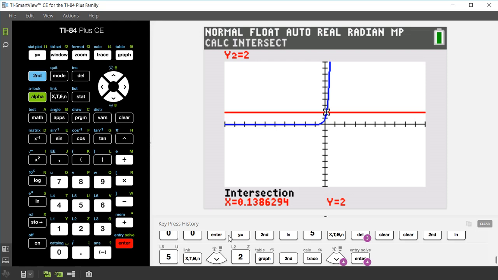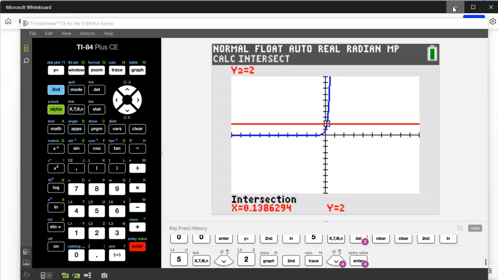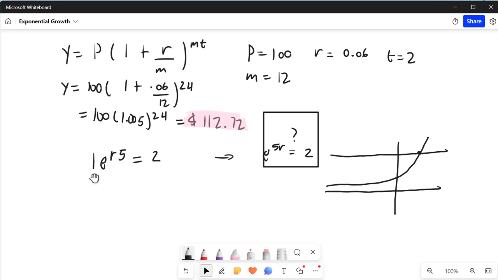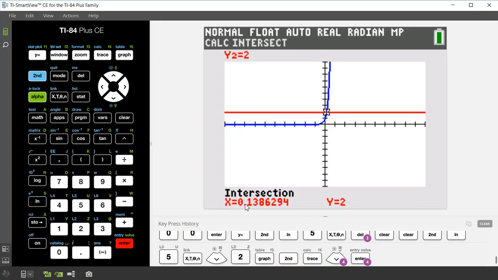See how here it's telling me that the interest is at 13.9%. So that means that if we wanted a dollar to be twice its value in 5 years, the interest would have to be at 13.9%.